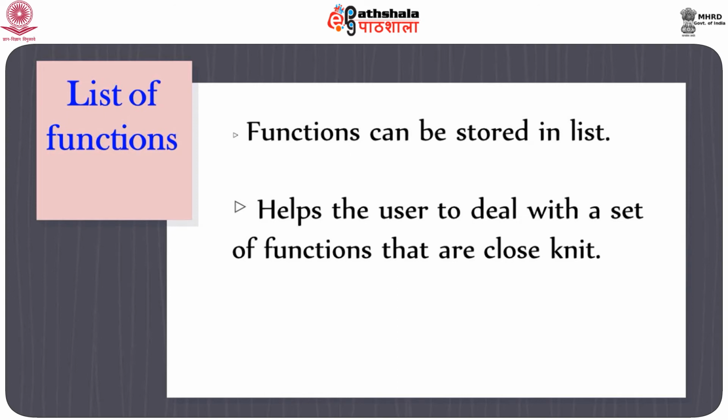A list of functions helps the user to deal with sets of functions that are close-knit in some sense. So, do you find any similarity with something else? Actually, this is pretty much similar to the data frame. The only difference is, in case of a data frame, we generally use a group of related vectors, and here, unlike the vectors, we are dealing with some related functions.